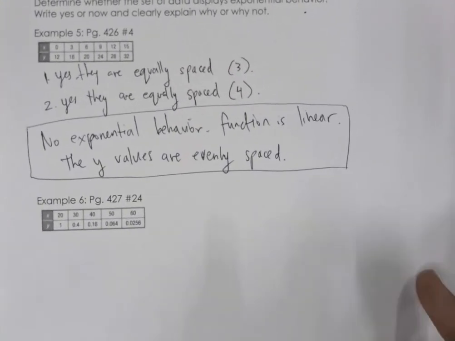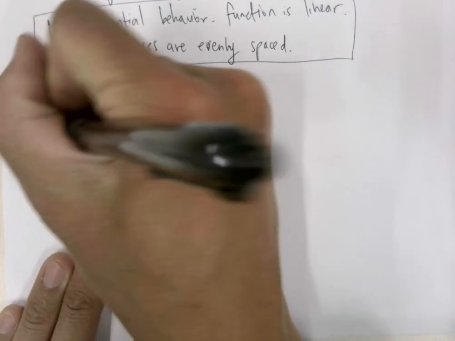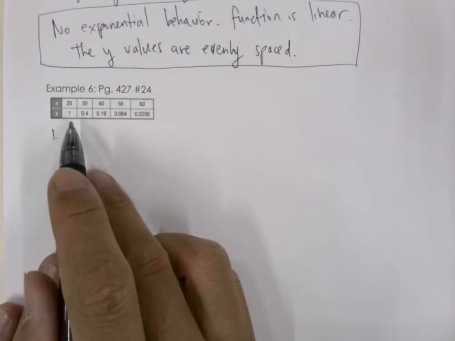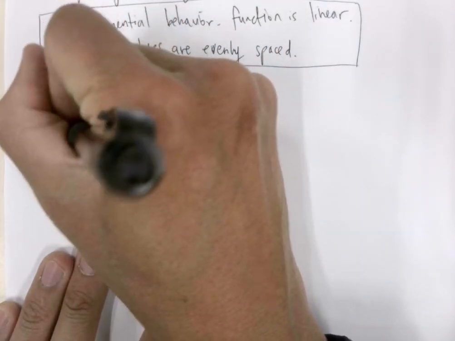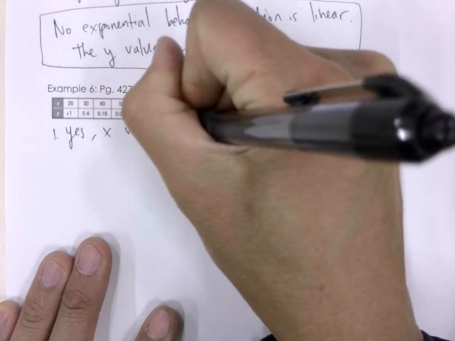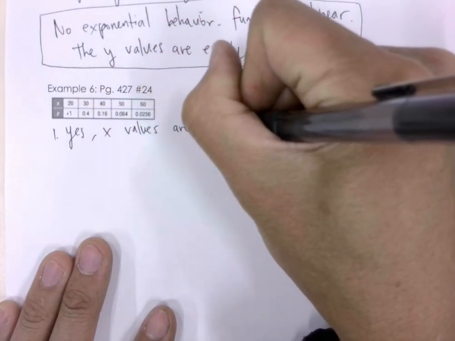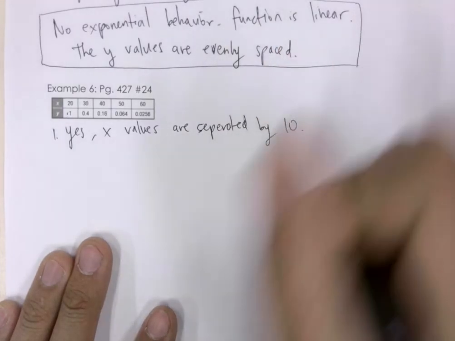Alright, let's go ahead and take a look at example number 6 now. First check is, are the x values evenly spaced? If we look at them, yes, they're separated by a value of 10. So say yes, x values are separated by 10.